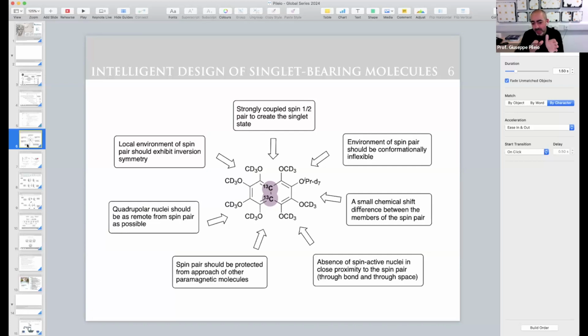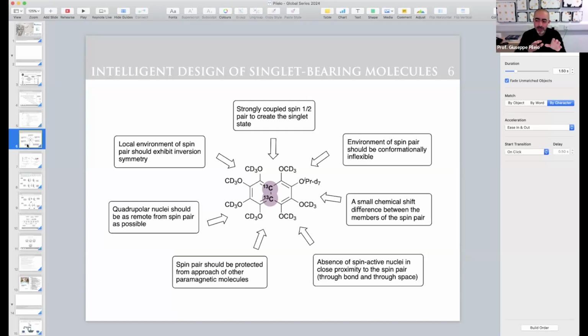And then you want to have a sort of rigidity in the molecule, so that the molecule doesn't flip around. This will generate some low frequency torsion, which also induces a spin rotation like mechanism.